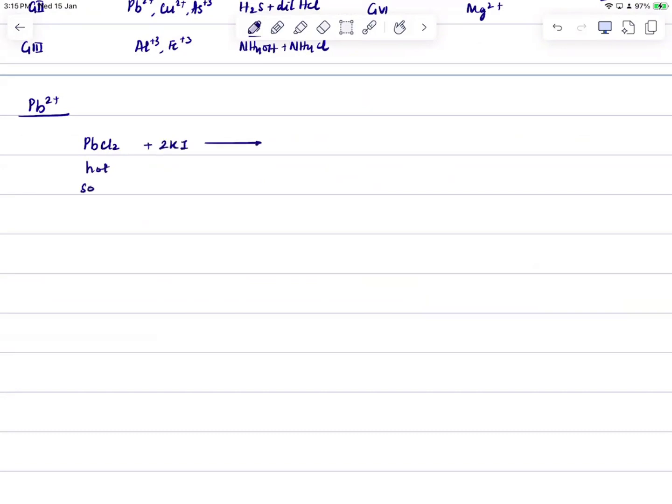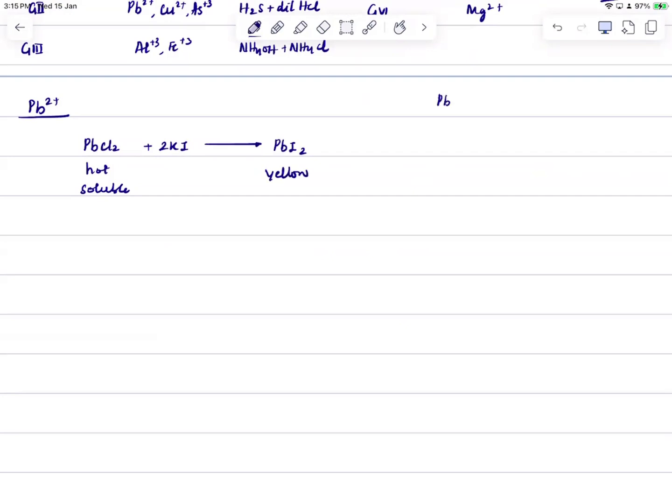When you react it with 2 KI, it becomes PbI2, a yellow precipitate. Remember, PbCl2 and PbBr2 are generally white, while PbI2 is yellow. Just keep this in mind.